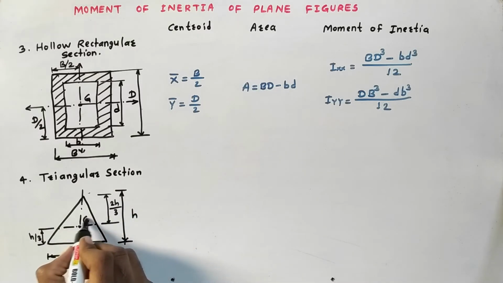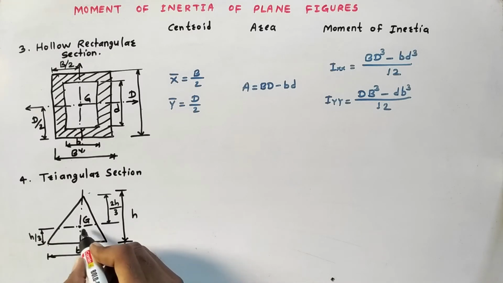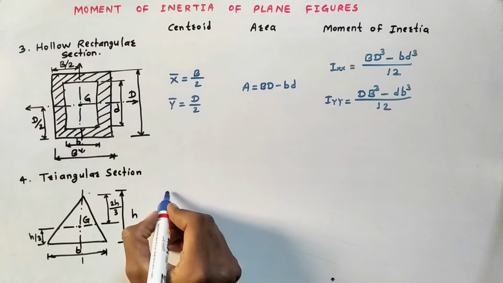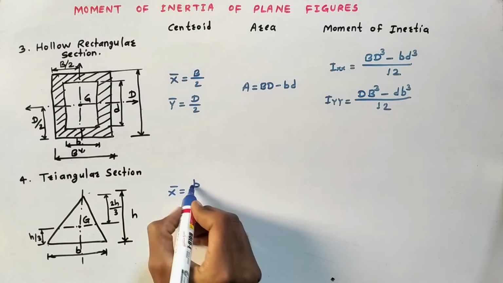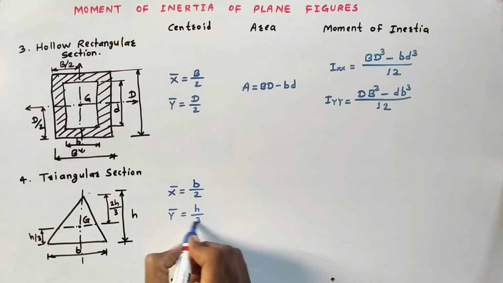So here is G. Now x bar is B by 2 and y bar is H by 3.